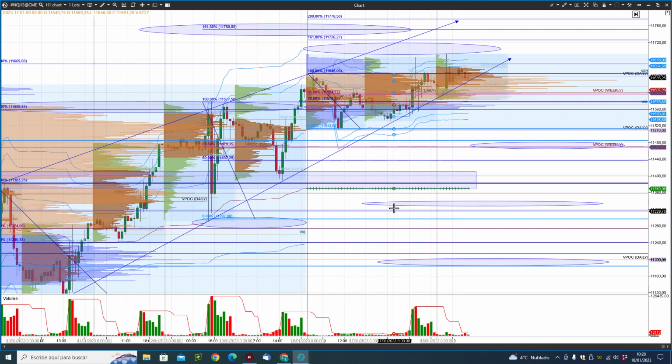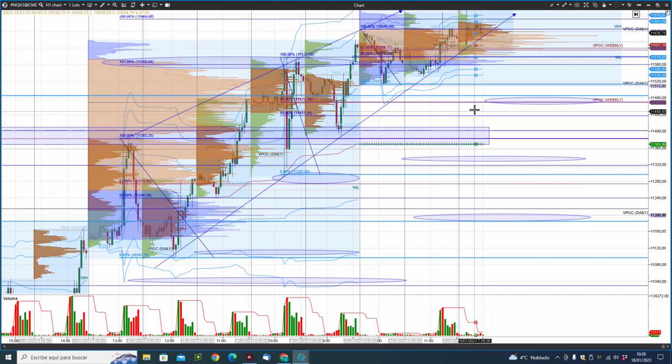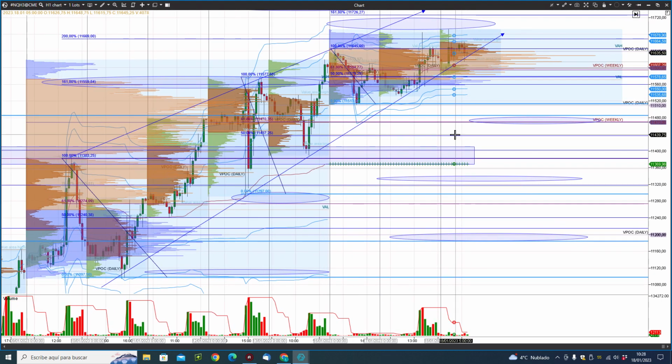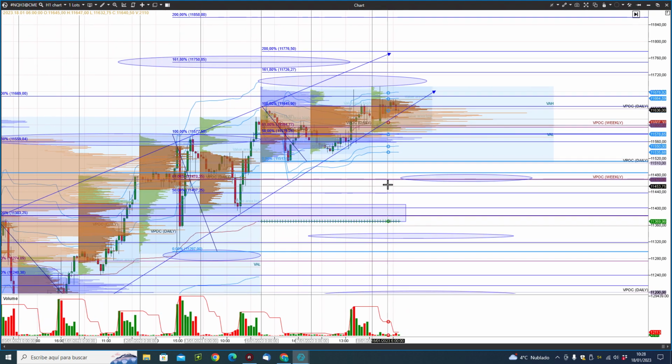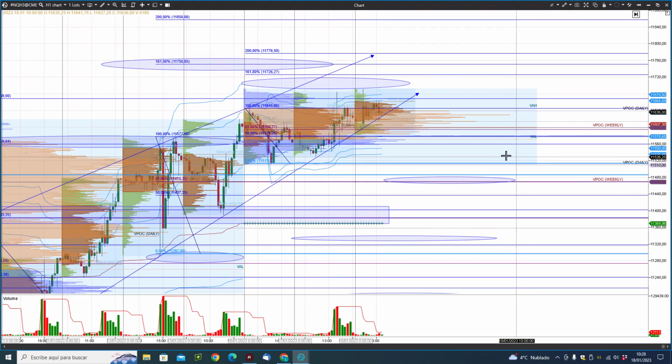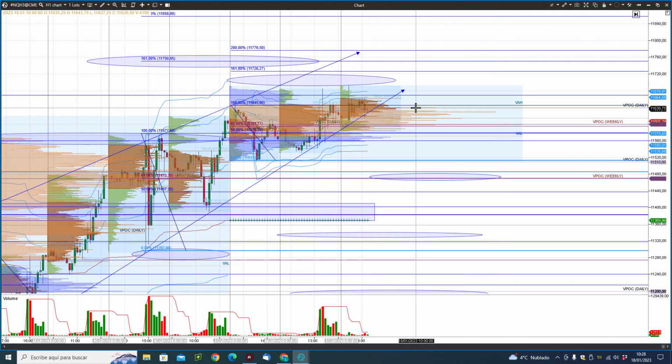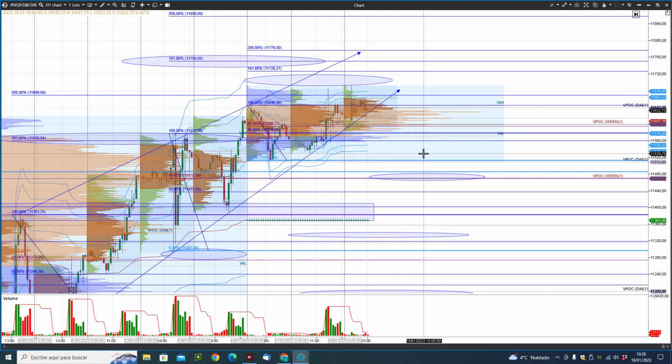Let's go to Nasdaq. Nasdaq is very similar, in this case, to S&P. And what are the targets? We are inside the value area of this week. So let's see if it can break this uptrend and go to the first lower target.